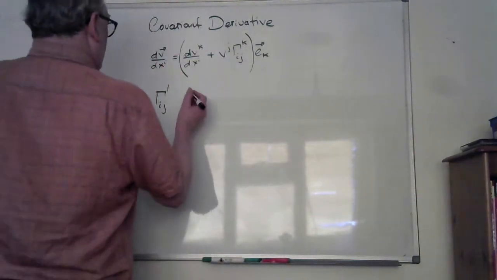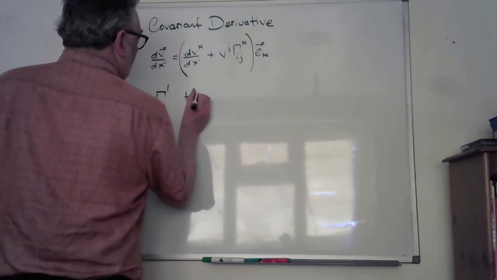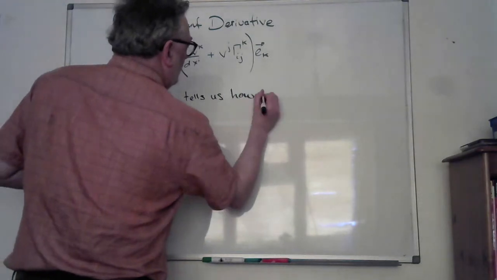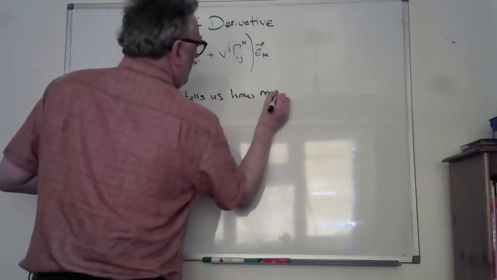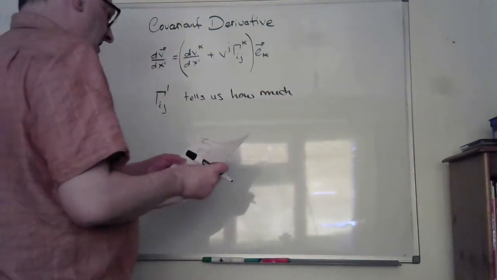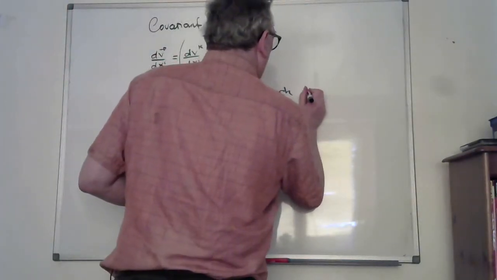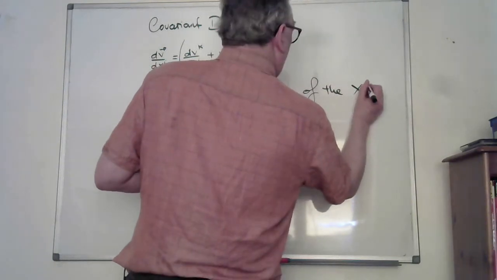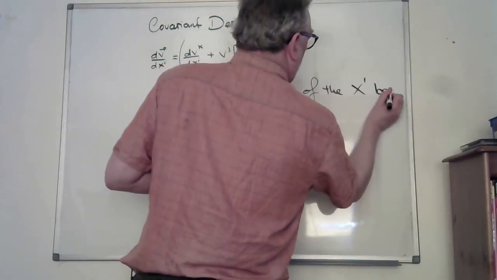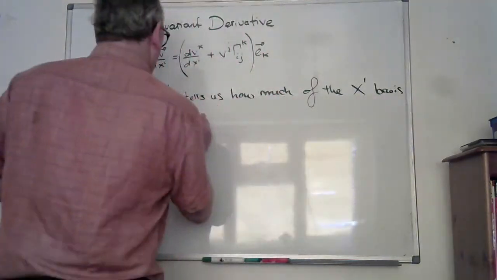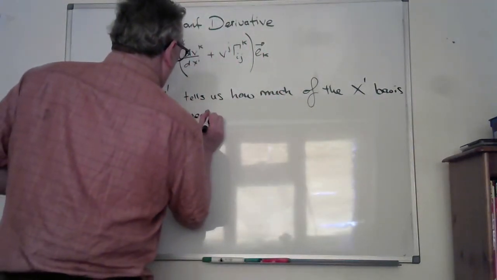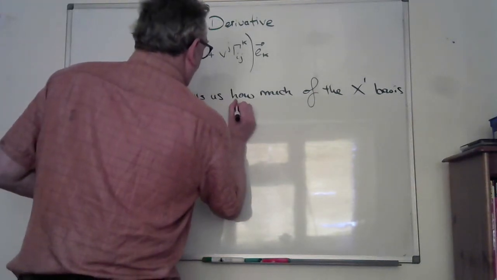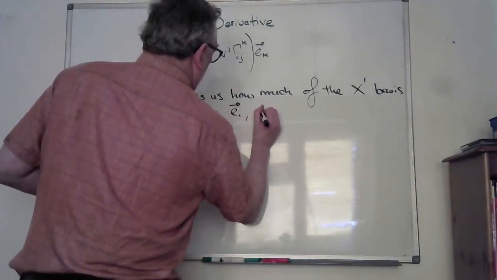So this tells us how much of the x1 basis vector, so that will be the E1 basis vector, that we need.